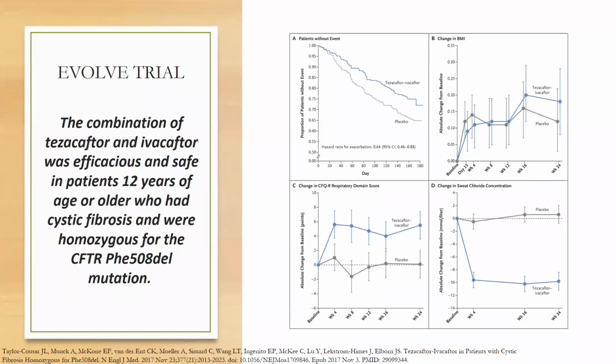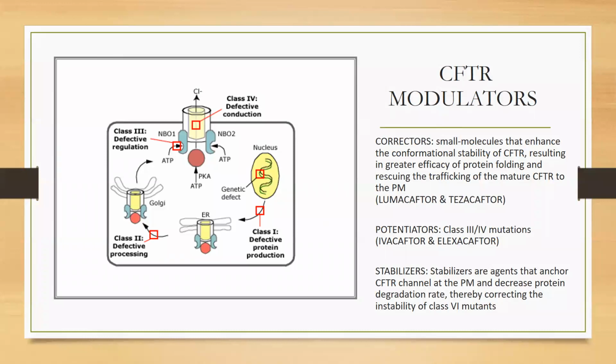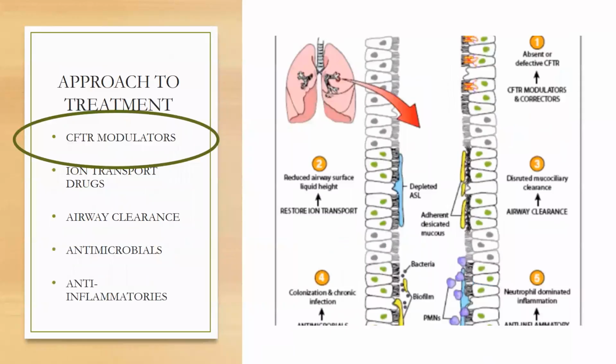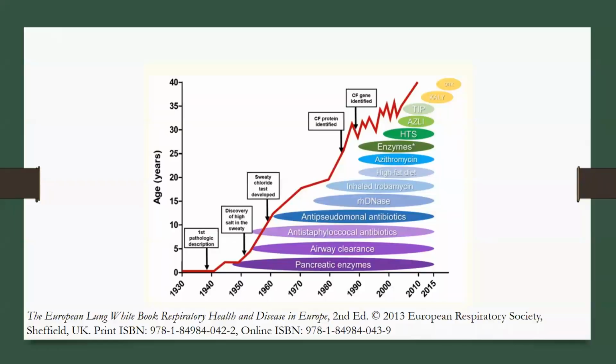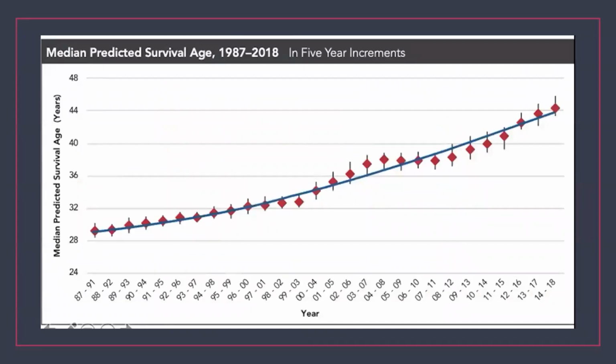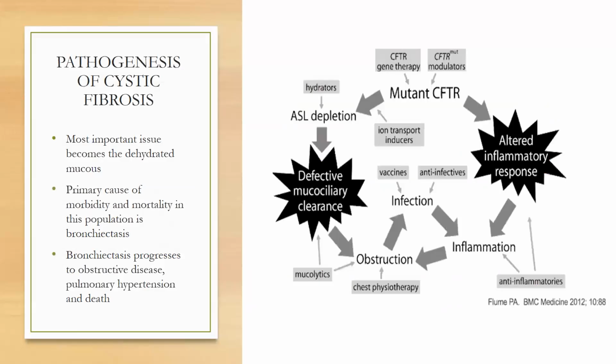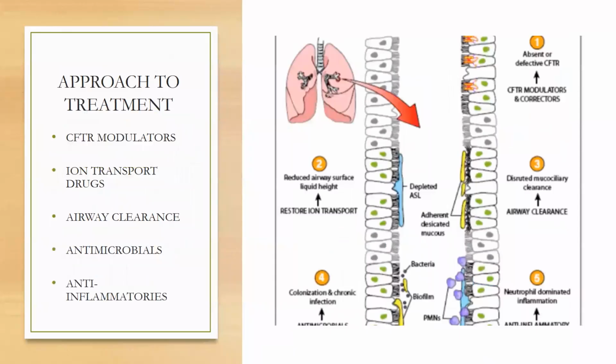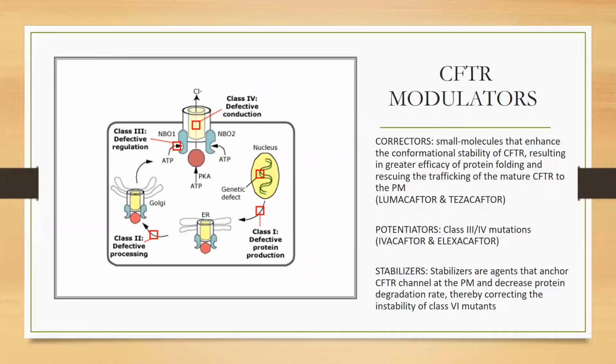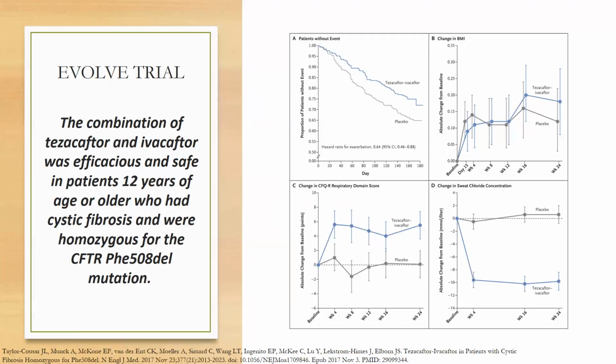Even though the numeric difference in the FEV1 we normally would not think of as clinically significant, all of the other markers in terms of their overall health improve with that therapy. It's always important when we look at the literature to think about what is numerically important, but more importantly, what impacts the overall health outcome.